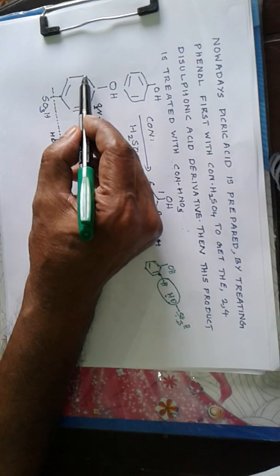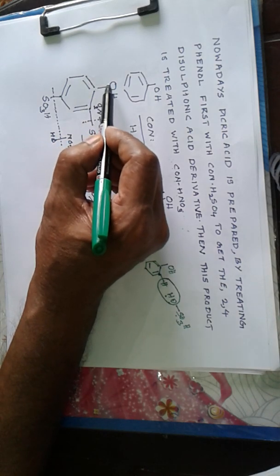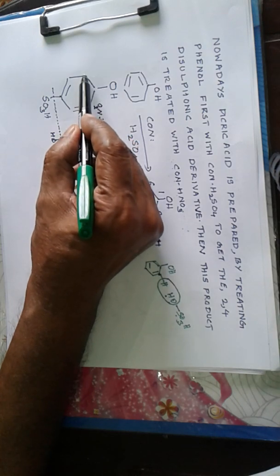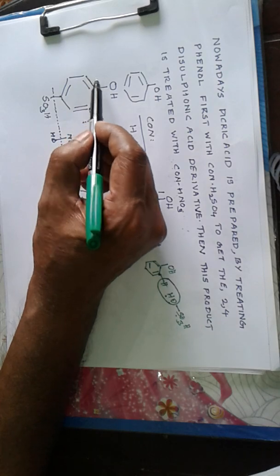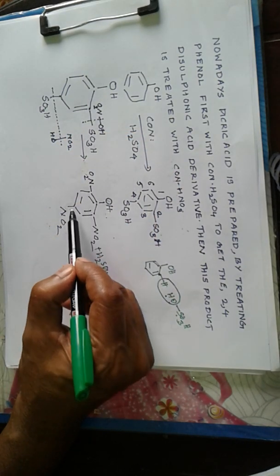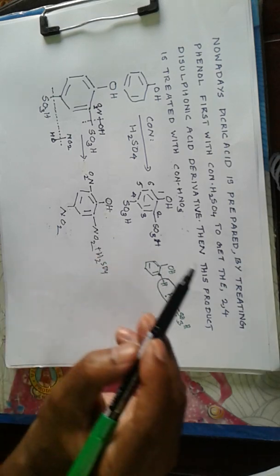At the same time, due to activation by the OH group of the phenolic structure, this ortho position is also attacked by an electrophile, that is NO2 positive, and we get trinitrophenol, that is picric acid.